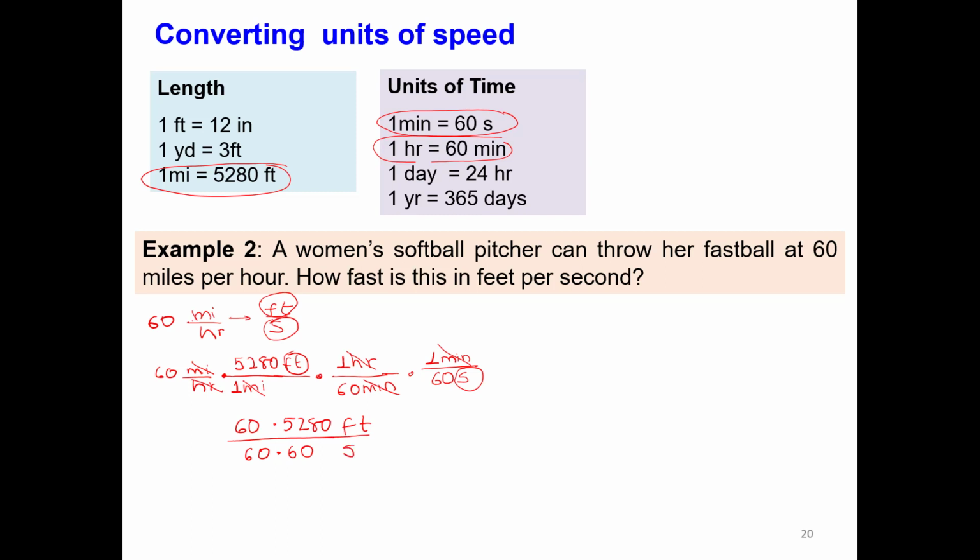Because we have multiplication, we can cancel out these two numbers, and divide 5,280 by 60, which is 88 feet over seconds. Now we can write: 60 miles per hour equals 88 feet per second. And this is the final answer.